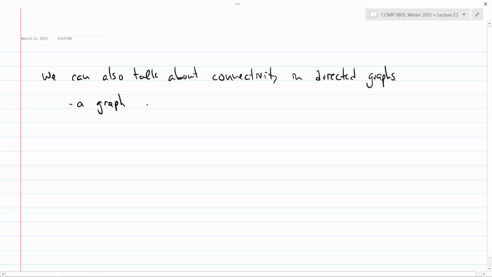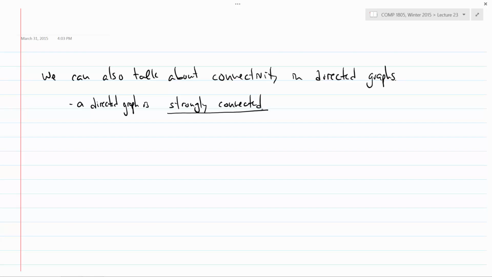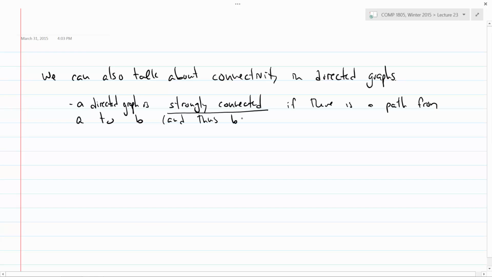So a directed graph is strongly connected if there is a path from A to B and from B to A for every pair of vertices A and B. So pick any two vertices in your directed graph, and there's definitely a path between them.